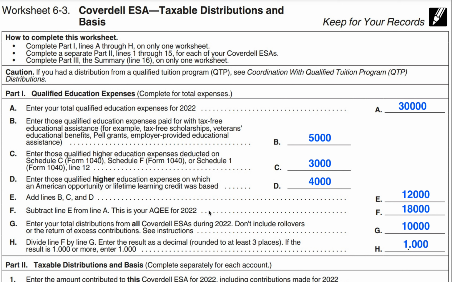And so those need to be accounted for within the calculation of this form, but then they also may lead to a result where you finish your college education and now you have money left over, and maybe you decide to take that out.